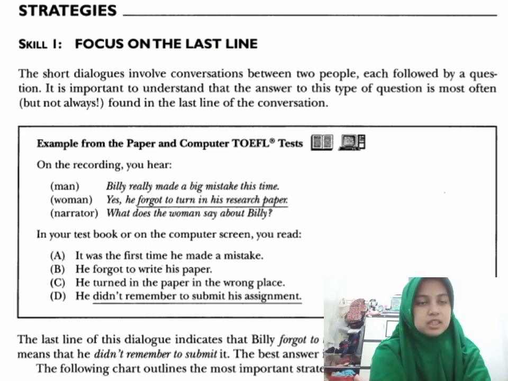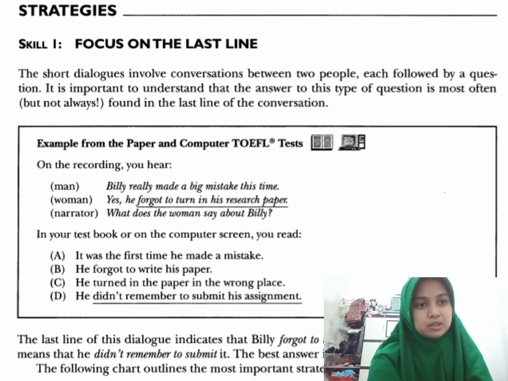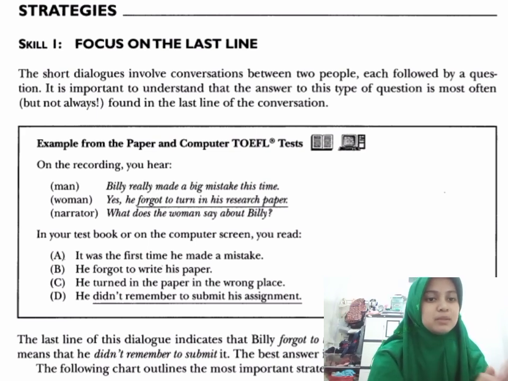For example, in the recording you hear that the first speaker, let's just say the man, says, "Billy really made a big mistake this time," then the second speaker, let's just say the woman, replies, "Yes, he forgot to turn in his research paper." Then the narrator will ask, "What does the woman say about Billy?"